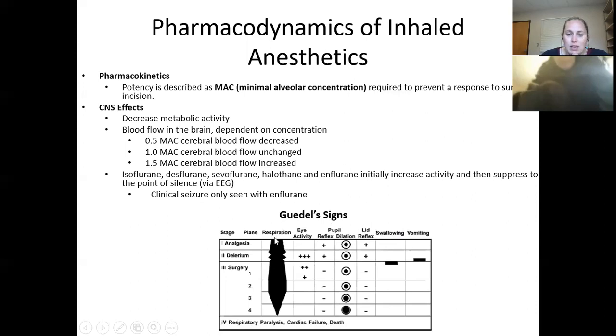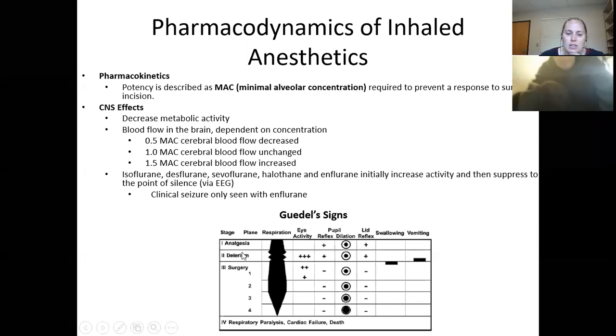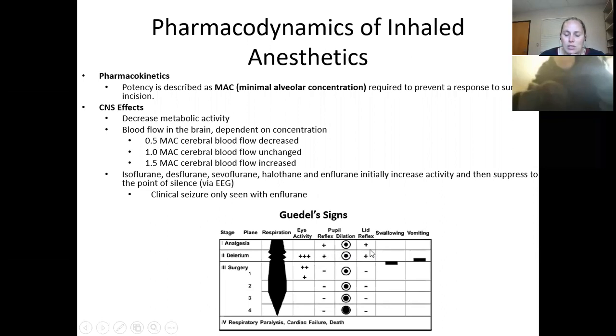Not surprisingly, as someone progresses through these stages, respiration slightly increases up to the point of surgery. Then during delirium, you have quite a bit of eye activity, still have pupillary reflex, not a ton of dilation, and you'll still have lid reflex and some vomiting that can occur.